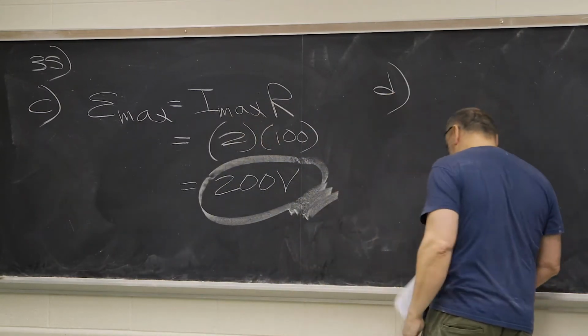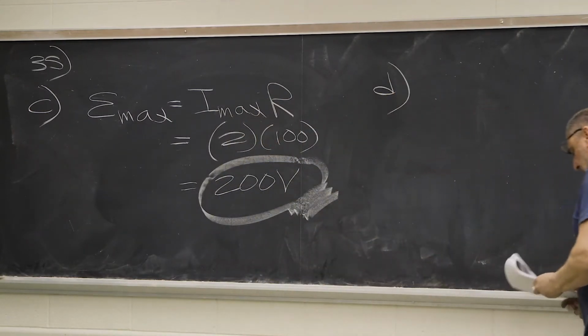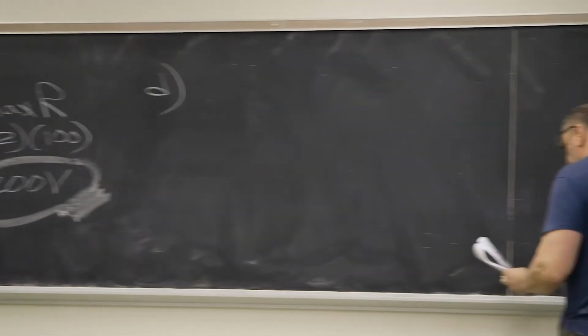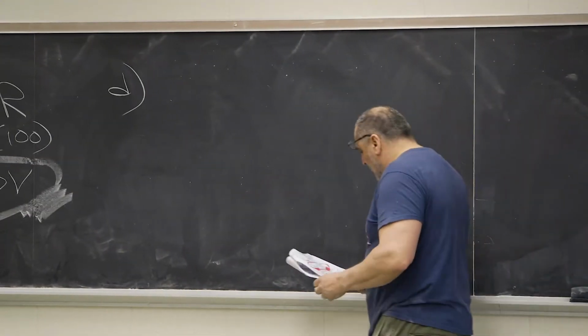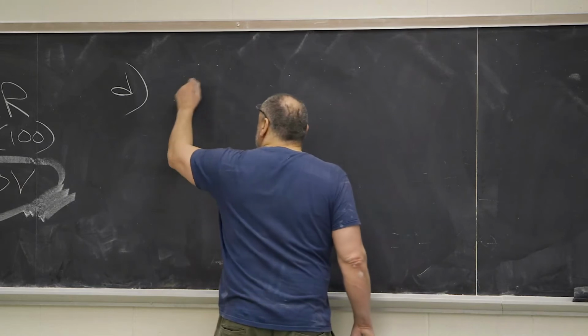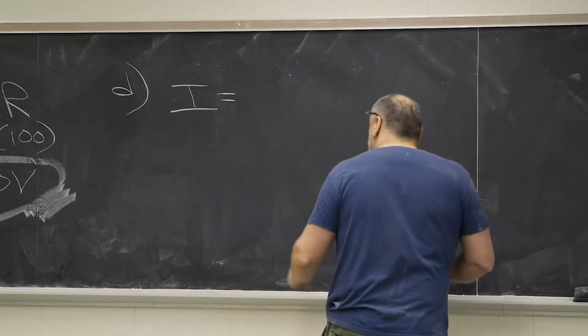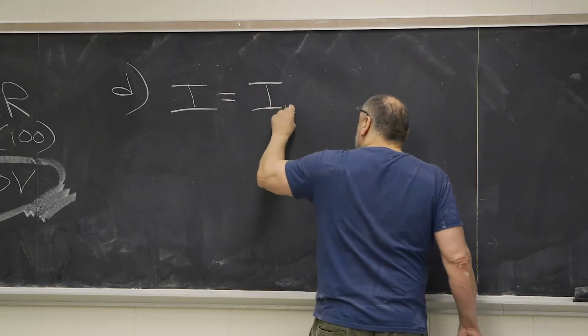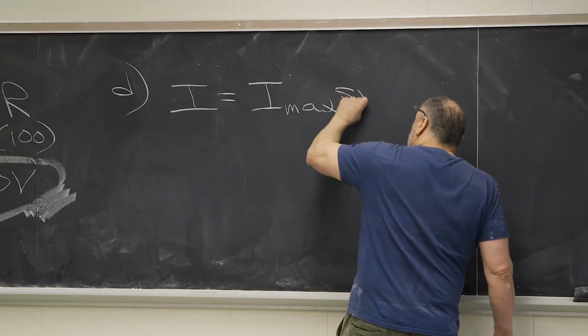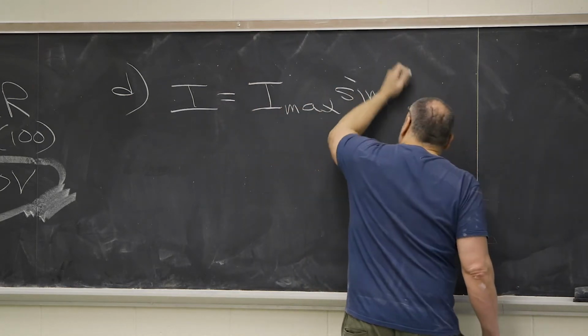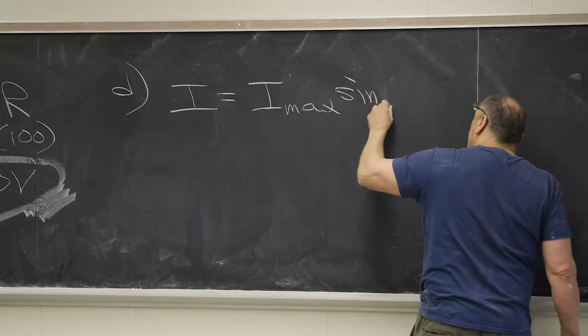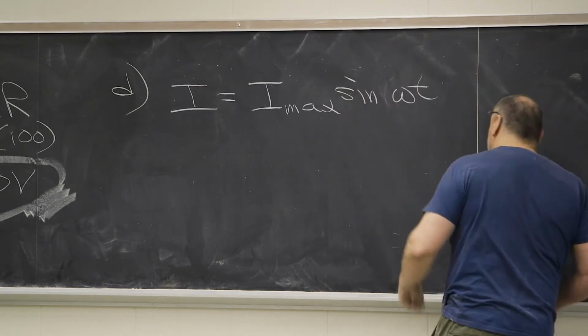What about D? D, they're saying, give me a general expression of what's going on. Wow, it's pretty straightforward stuff, guys. Again, this looks a lot like what was going on with the flux, if you're really careful about it.